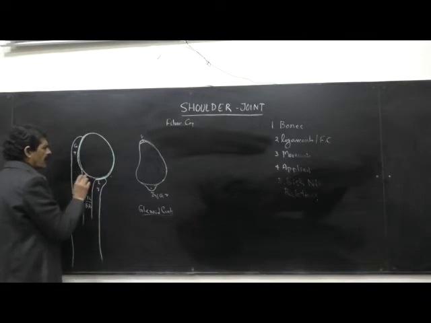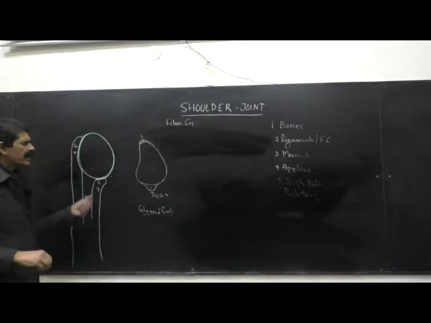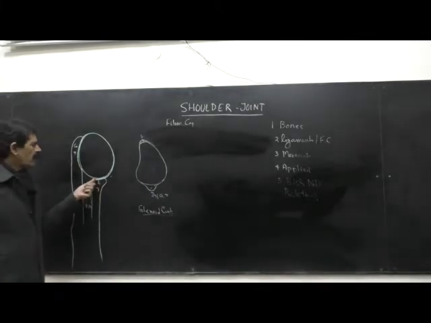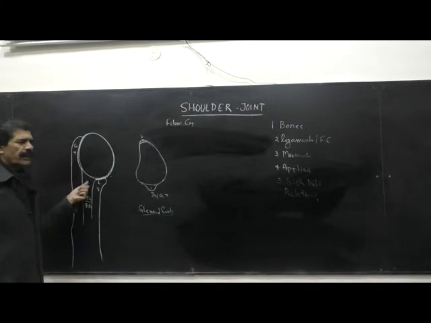It is not attached to the intertubercular or bicipital groove. Here it is interrupted. Why it is interrupted, we will discuss later on. So it is attached all around the anatomical neck.